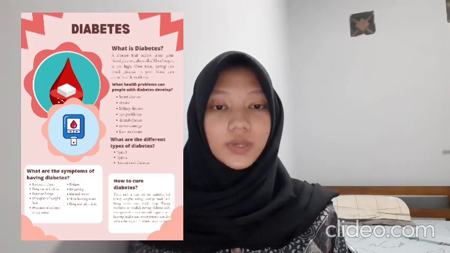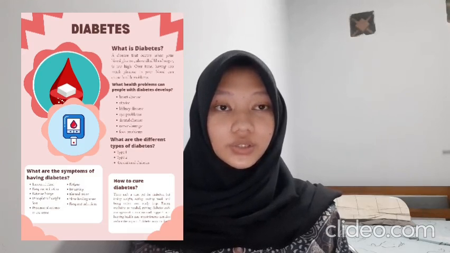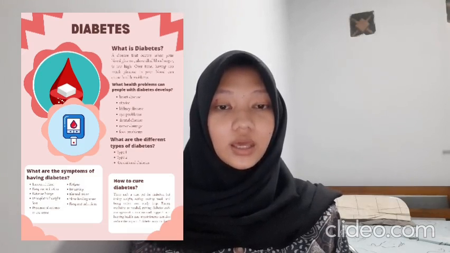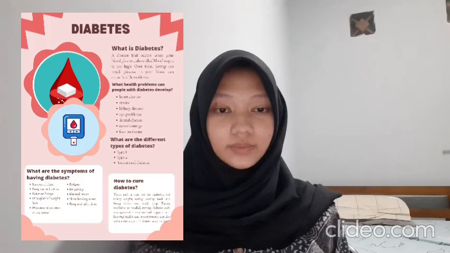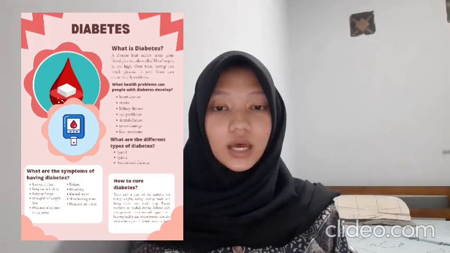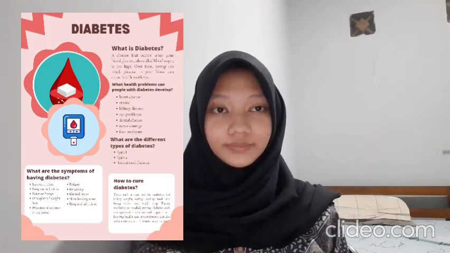Type 1 diabetes is usually diagnosed in children and young adults, although it can appear at any age. People with type 1 diabetes need to take insulin every day to stay alive.